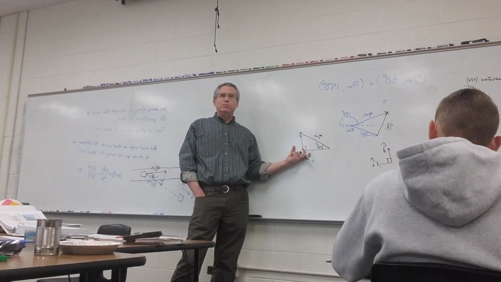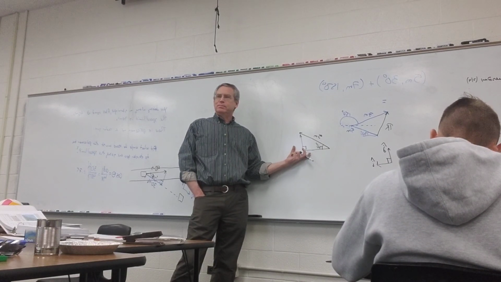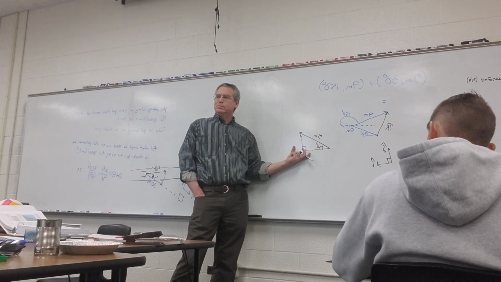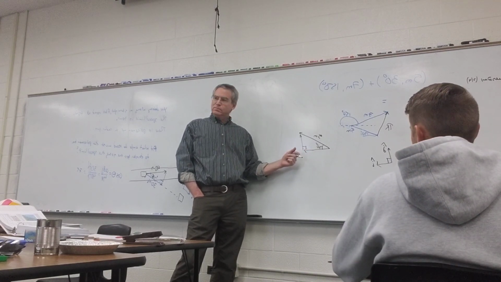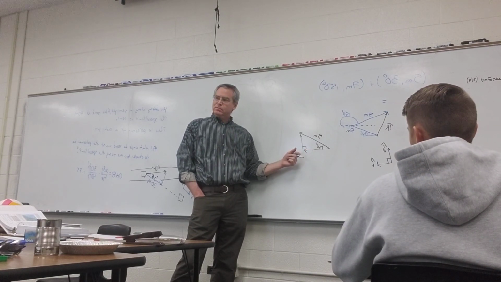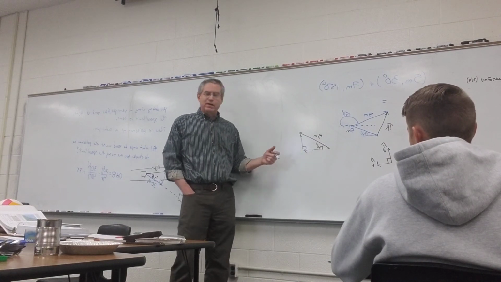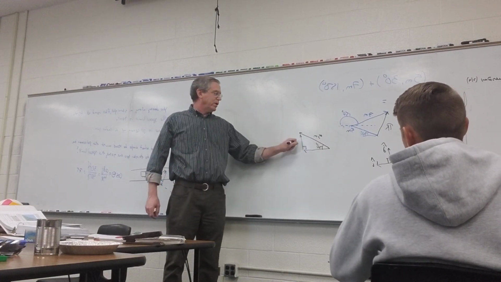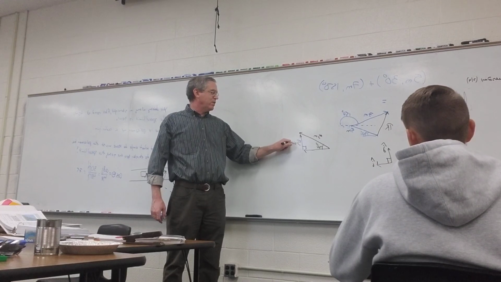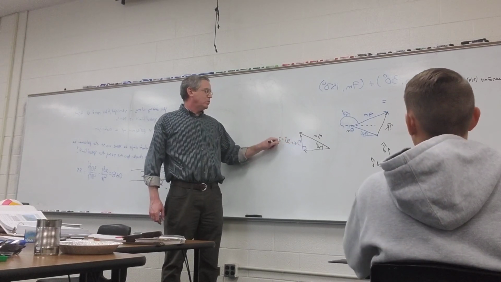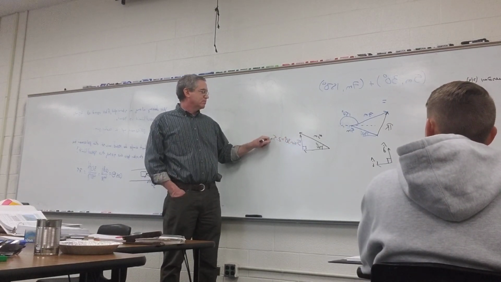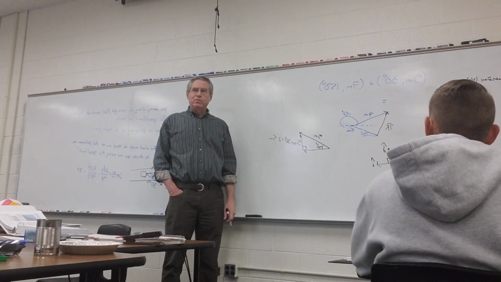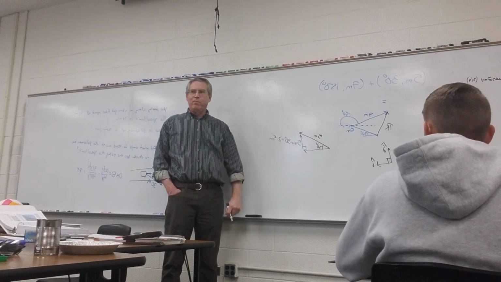Or if you have the answer, just tell me the answer. You do 5 meters times the sine of 30 degrees to find the opposite side. All right, so we have 5 sine of 30 degrees, which should be 2.5.